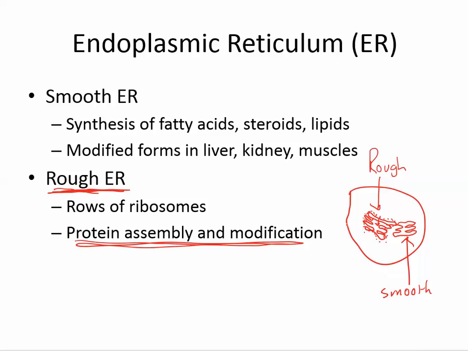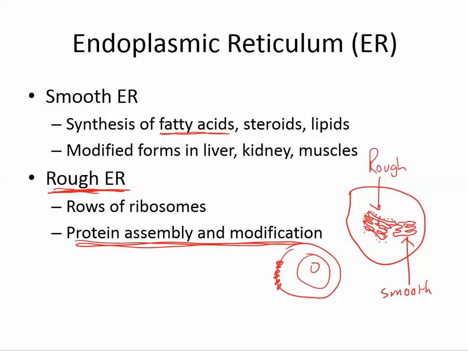That's not its role. But if you think about a cell that grows and gets larger and larger, it needs more lipids. It needs more phospholipids. It needs fats. And so the smooth ER has assembly processes that allow it to make fats.